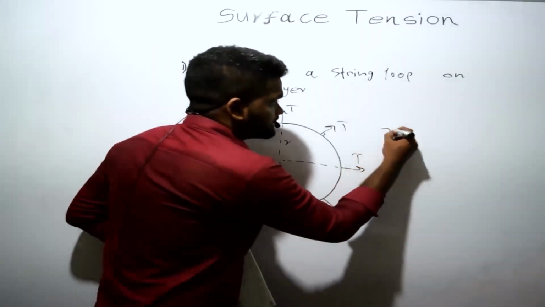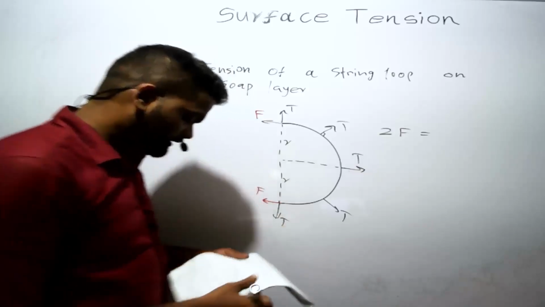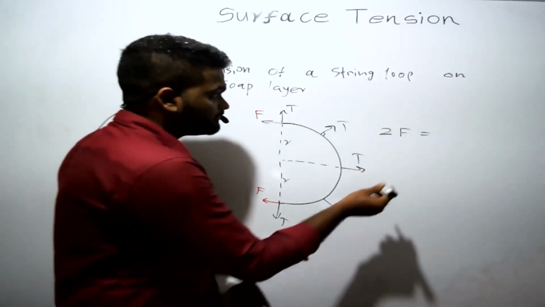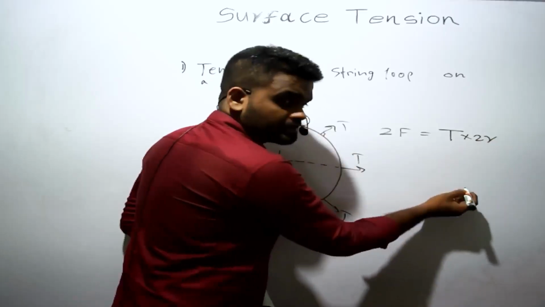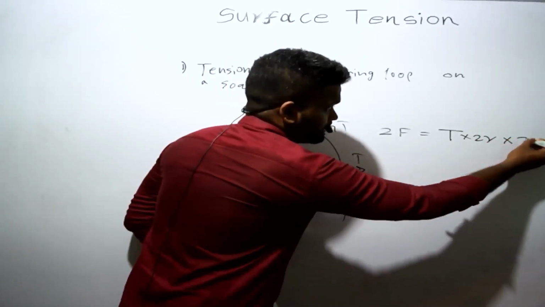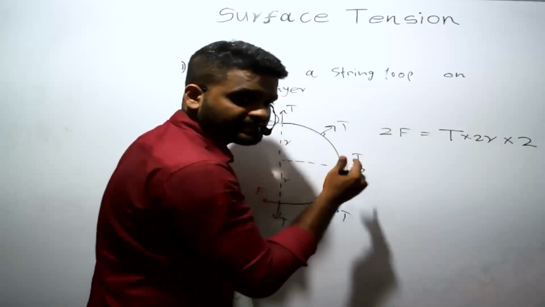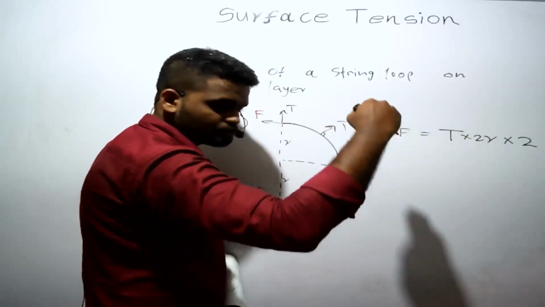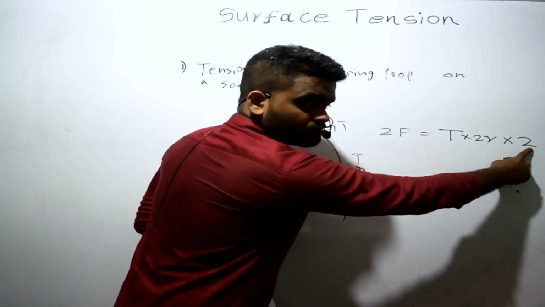So you can write 2F equals T times 2r. You multiply by 2 again. Why? Because this is a soap layer, and a soap layer has two free surfaces. That's why you multiply by 2.